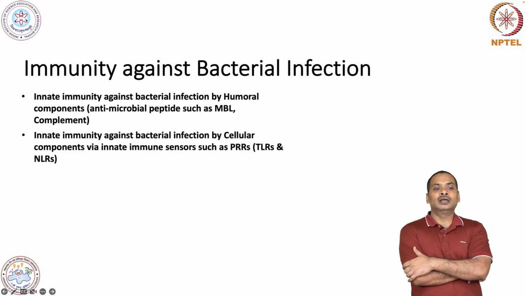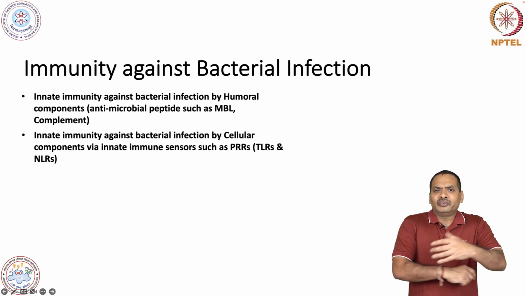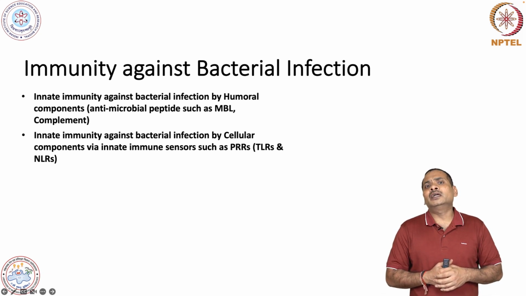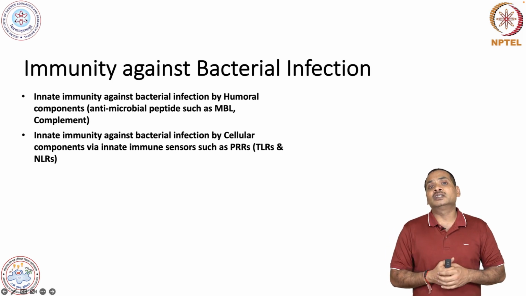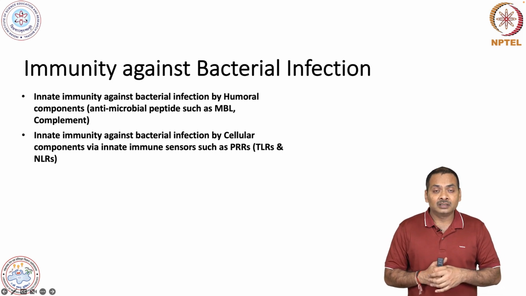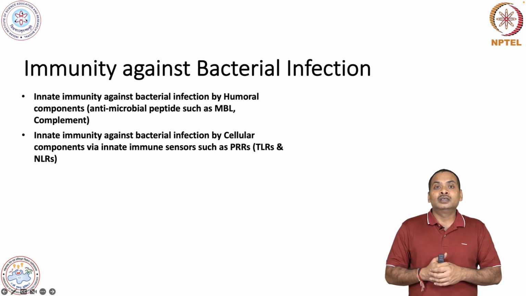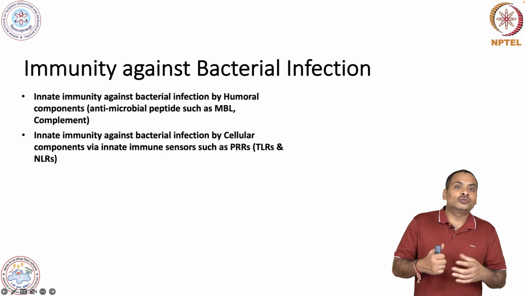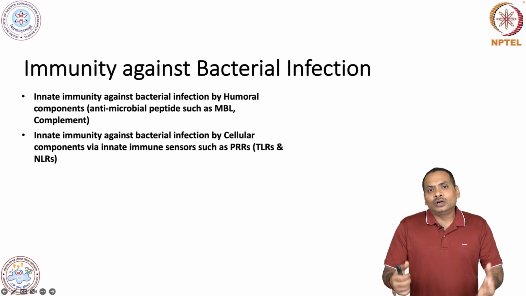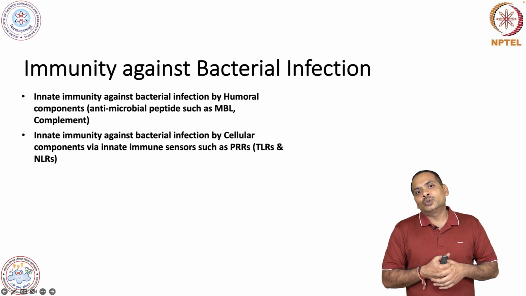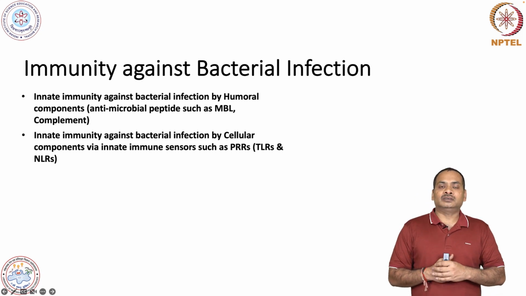Another is the cellular component, okay. There are a variety of cells, and among all cells the most prominent and important are the phagocytic cells. You know macrophages, you know neutrophils, and eosinophils also do phagocytosis to some extent. So all these cells play a very important role in phagocytosing these microbial pathogens.